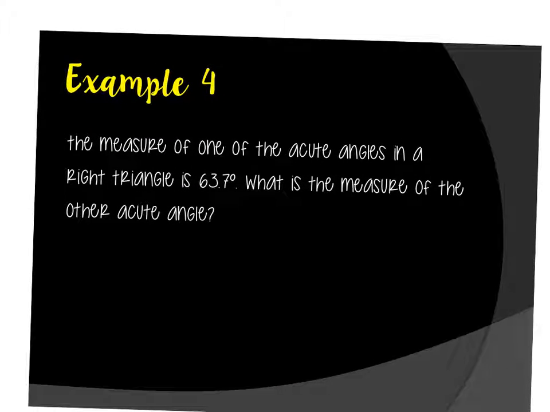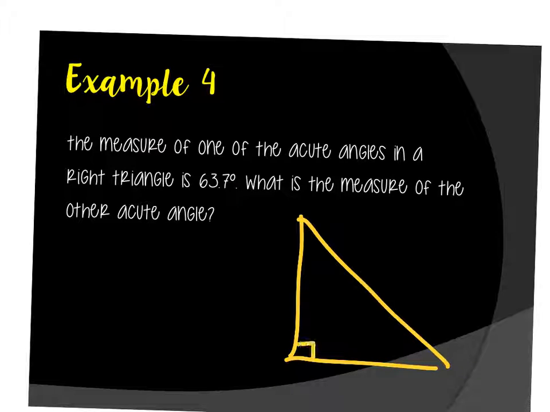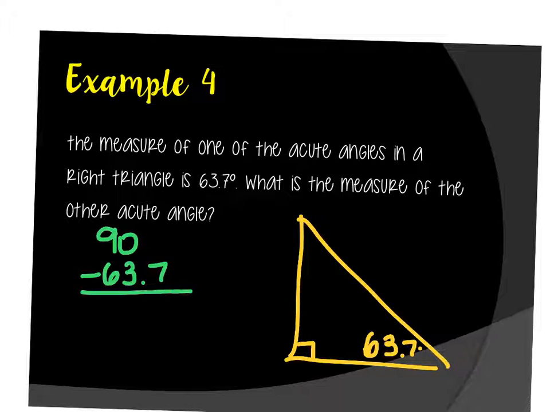Okay, this one says the measure of one of the acute angles in a right triangle is 63.7 degrees. What's the measure of the other acute angle? Again, if you want the visual, draw it out, but hopefully you don't need it every time. So if this is a right triangle and one of them is 63.7 degrees, how do I find the other one? Subtract it from 90. So 90 minus 63.7.